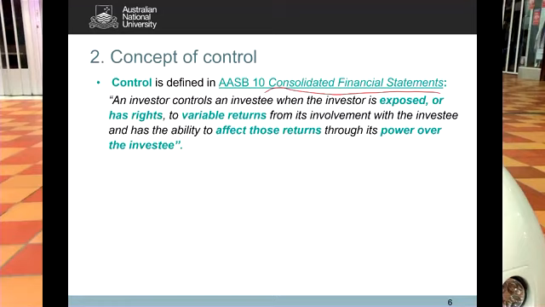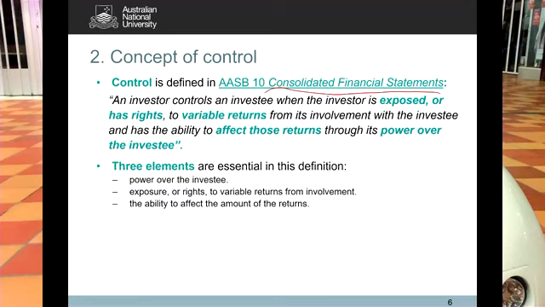It might look a little bit complicated. However, I will not require you to memorize the definition exactly as it's shown here. I will just ask you to remember the three elements. One is the power over the investee. So the investor would have power over the investee. Then the investor will be exposed to variable returns, or they have the right to variable returns from this involvement.